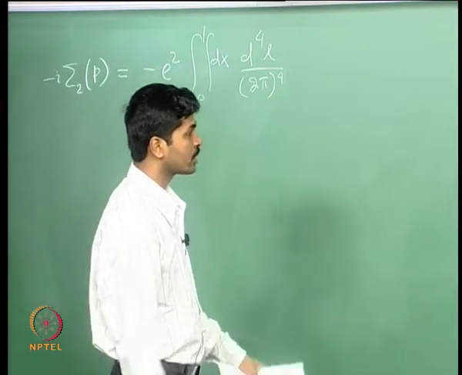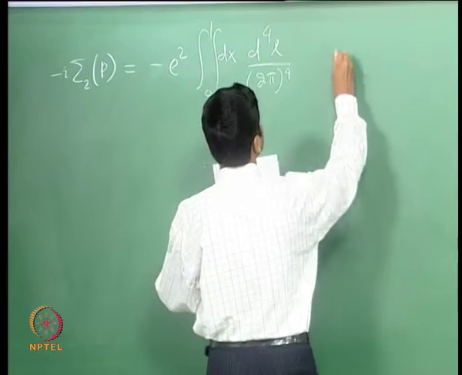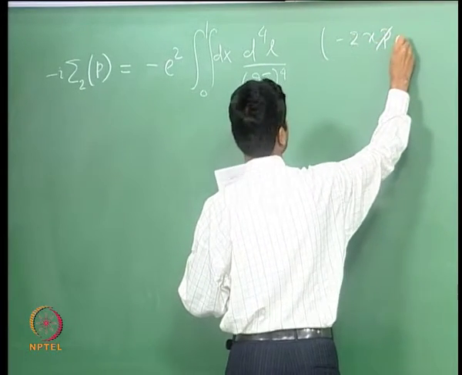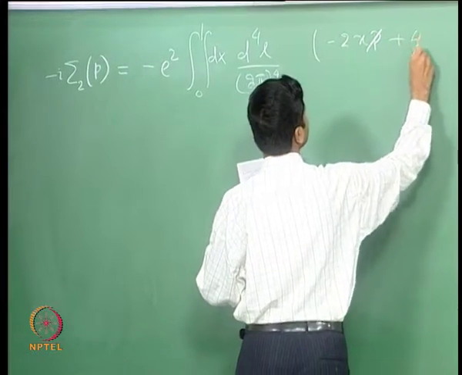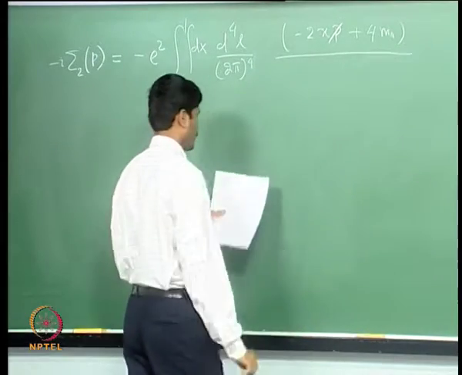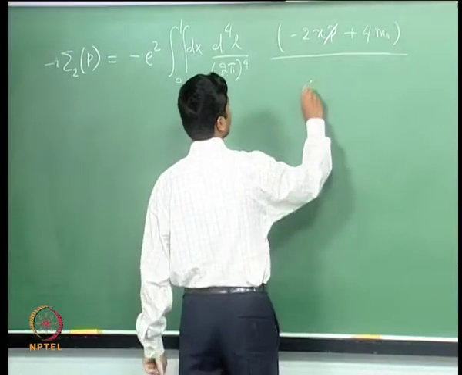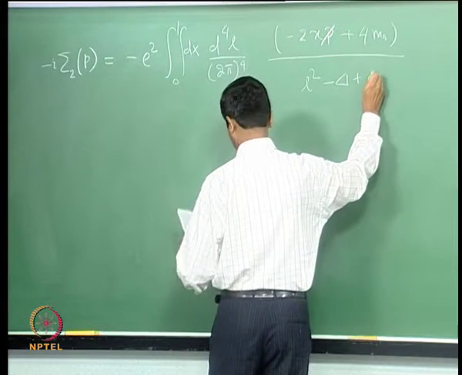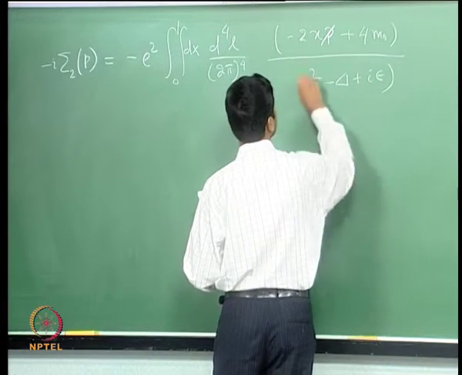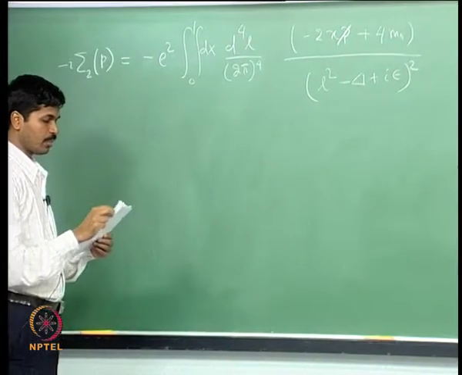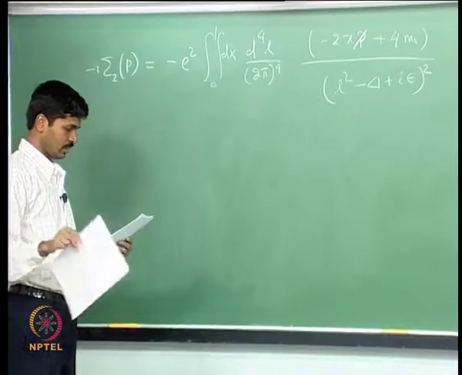Then in the numerator we have minus 2 x p slash plus 4 m0, and in the denominator we have (L square minus delta plus i epsilon) whole square. This is what we have from the loop.